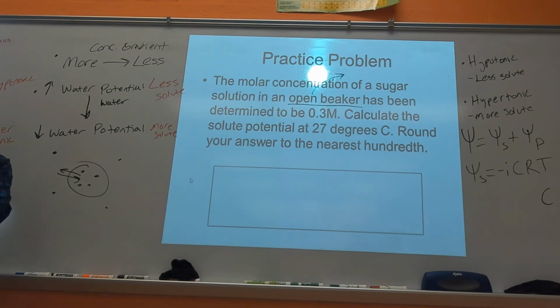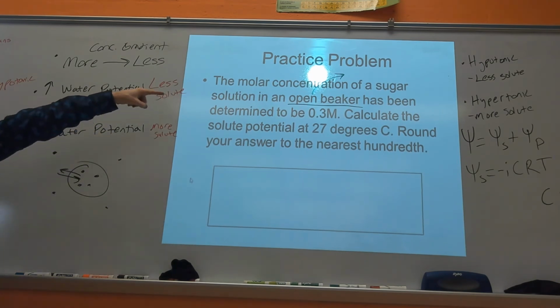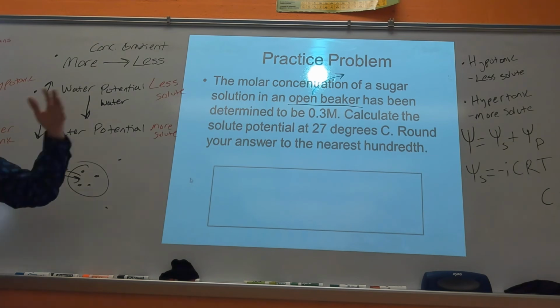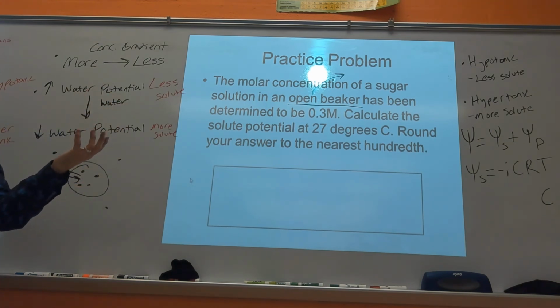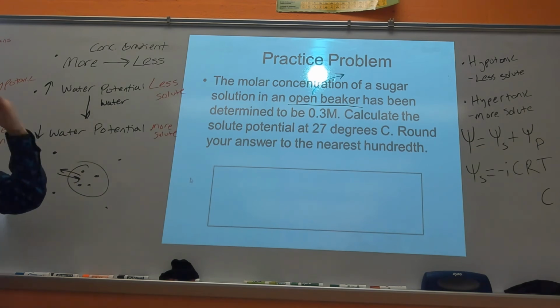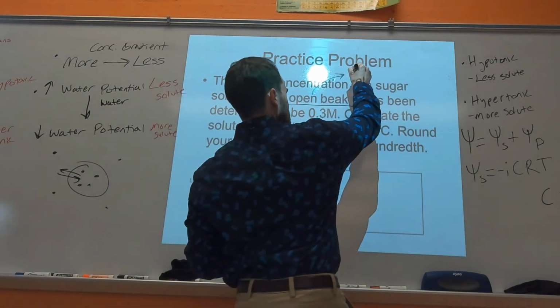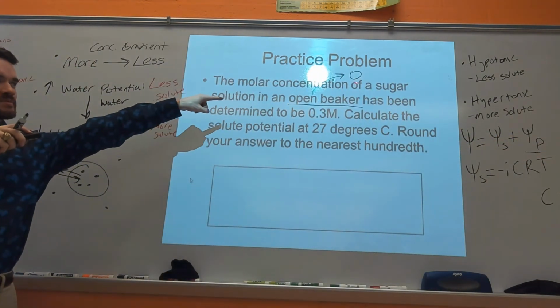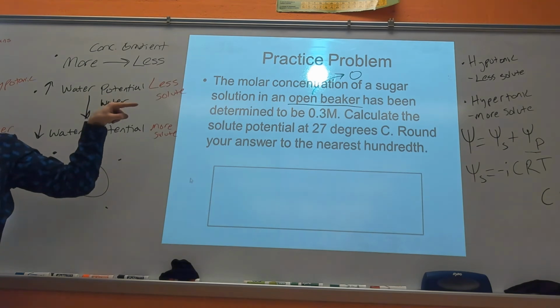It has to do with the pressure. How much pressure would something feel if it's a completely open container? Think of evaporation. If you have nothing holding those water molecules down, they evaporate very easily. Yeah, it's 0. So the pressure potential is 0 in an open beaker.